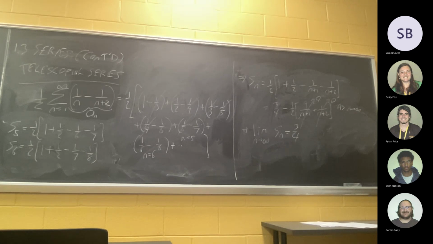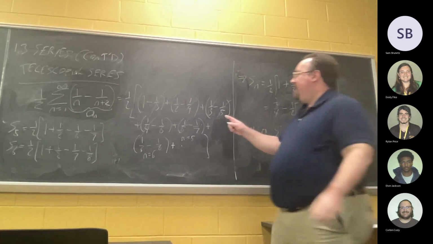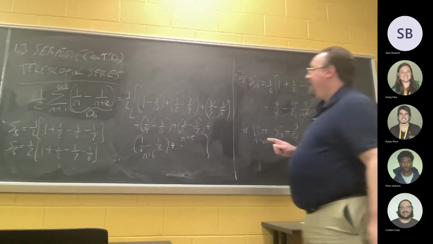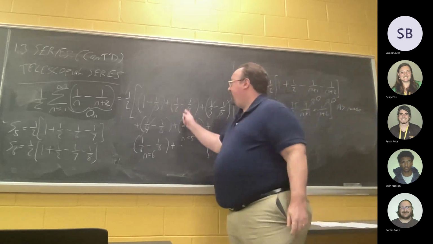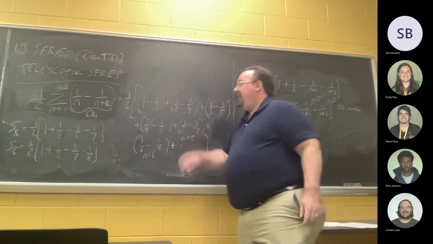Now, we see that the limit from both examples so far, you can see what the limit is from what doesn't cancel in the beginning. Like here, for these first couple of terms, we have a 1 and a 1/2.